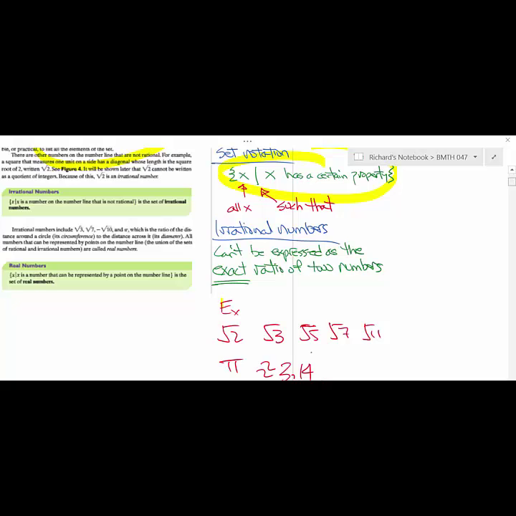Any time you take the square root of one of these prime numbers, it's going to be an irrational number. And that's just something you have to memorize.